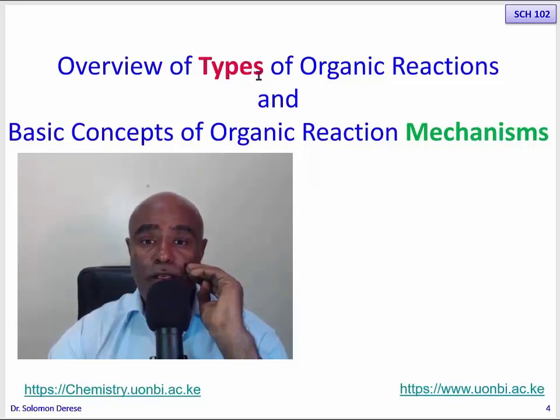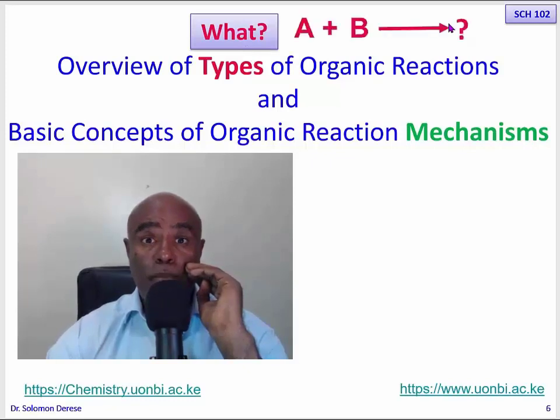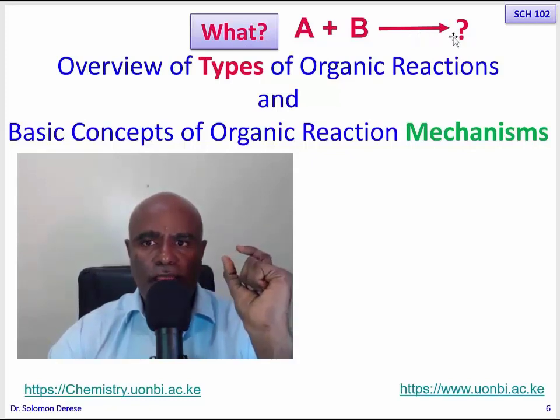Under types of organic reactions, we study the what of an organic reaction. For instance, when compound A and B react with one another, what type of products are formed? Are they an addition, a substitution, an elimination, or a rearrangement product?